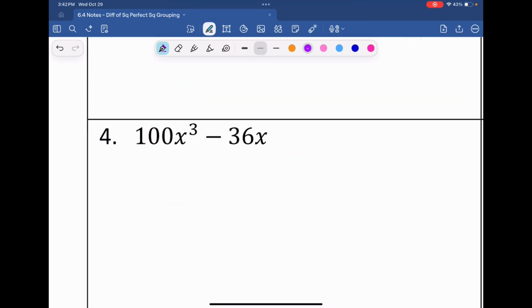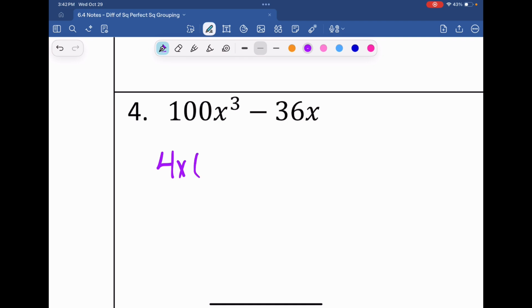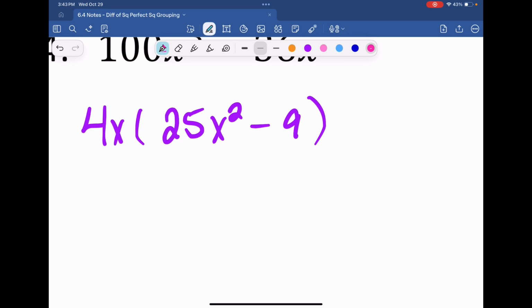GCF, big time on this one. Right now, all I have is that it's a difference. Because I have odd exponents here, it's not a square yet. But I can also divide out a 4. They have a variable in common, so x. It's going to be 25x squared minus 9. And then what I have left, there's my difference. We know 9 is a square, square root is 3. Then we're looking at this.